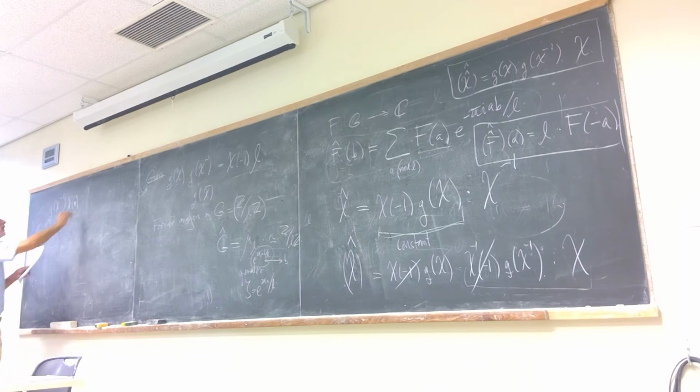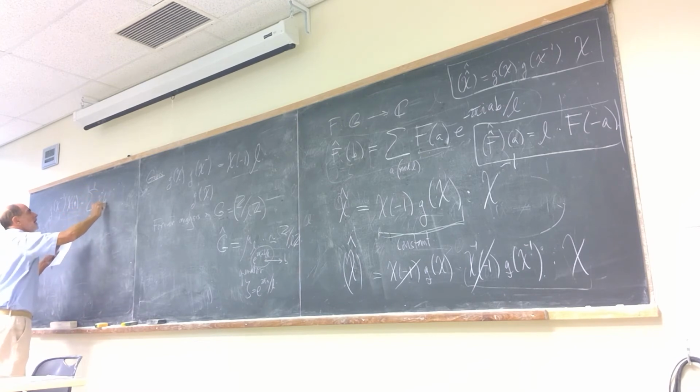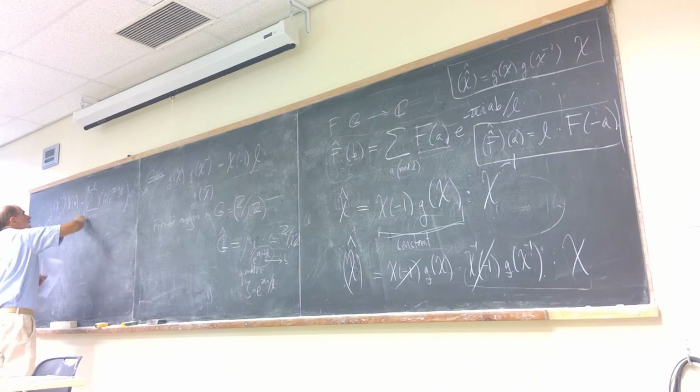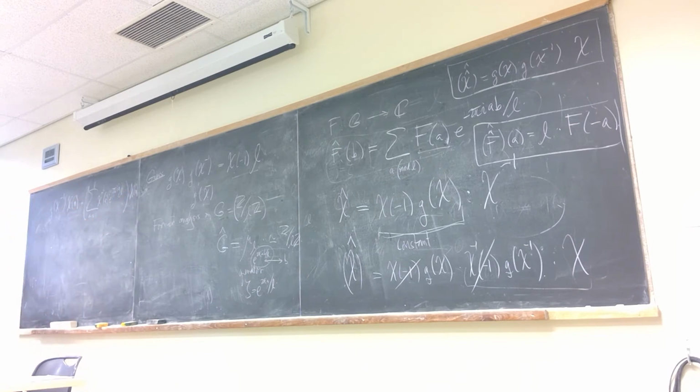Well, g of chi inverse is by definition the sum from a equal 1 to L of chi inverse of a e to the 2 pi I a over L. And then we multiply that by chi of n. Then we bring the n inside, and we write this as the sum from b equal 1 to L, where b is a over n.